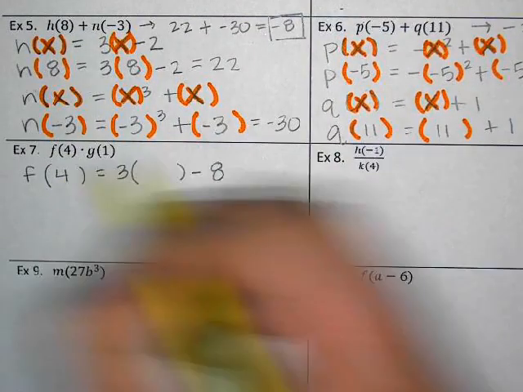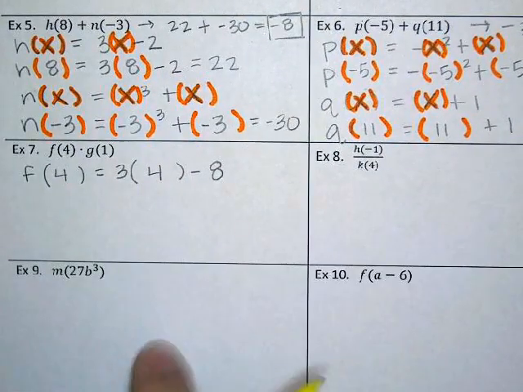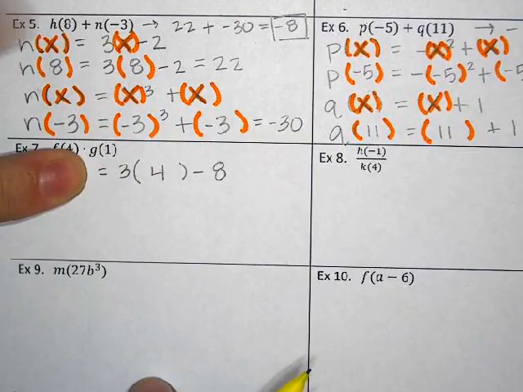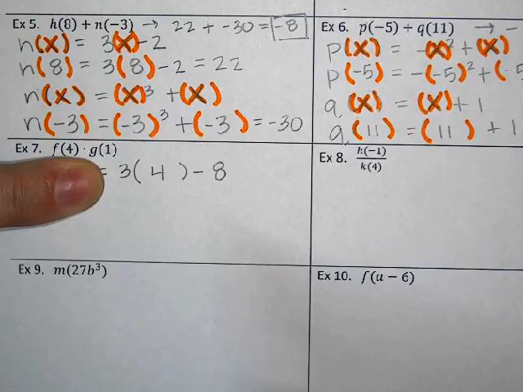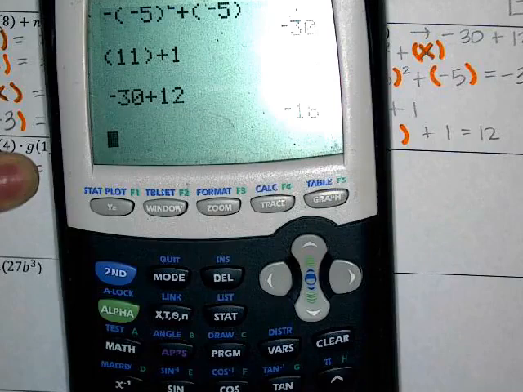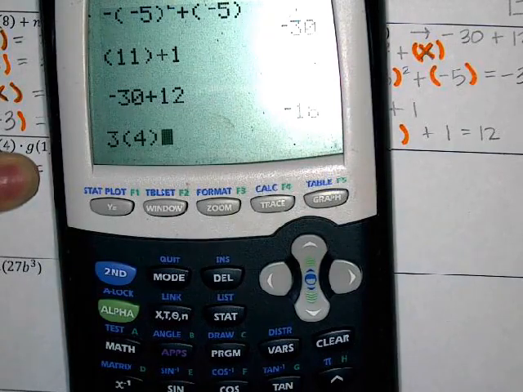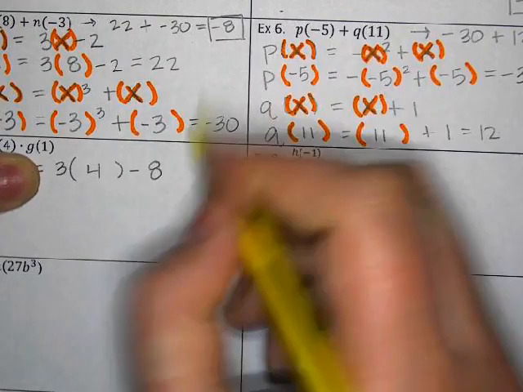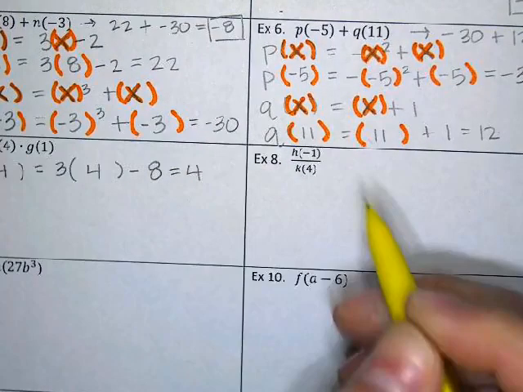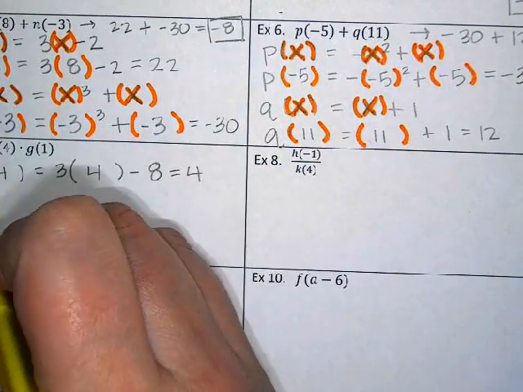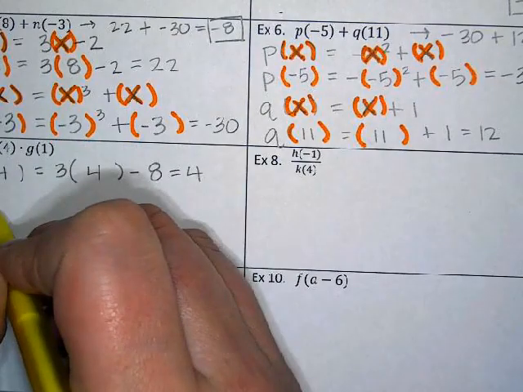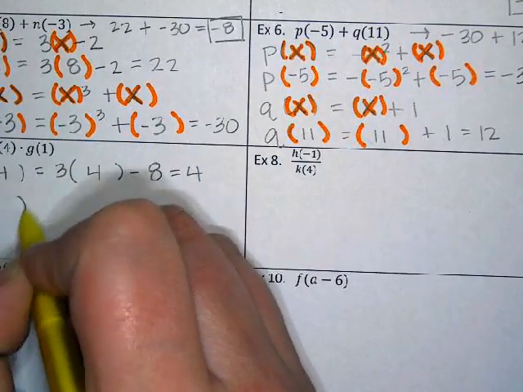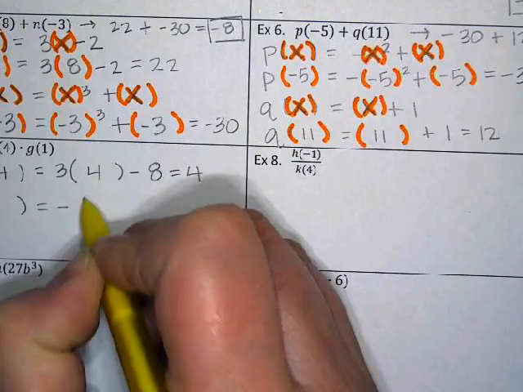Okay, so this is just notation. I'm going to ignore it. And then 3 times 4 minus 8. 3 times 4 minus 8 is positive 4. Okay, g of x for the next one. So I'm going to say g of x is negative x squared plus 9x.